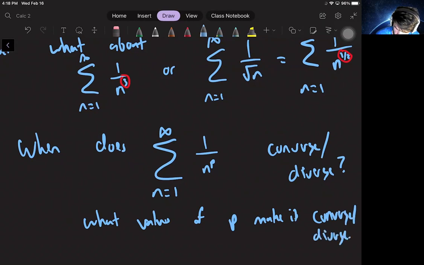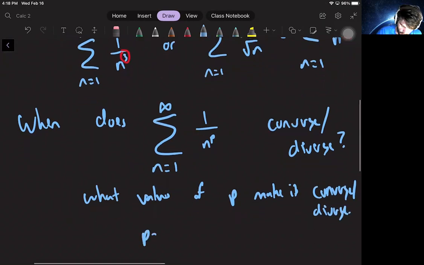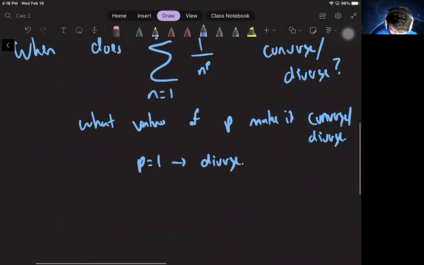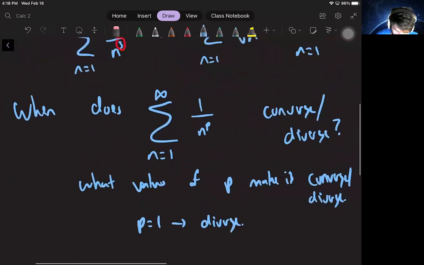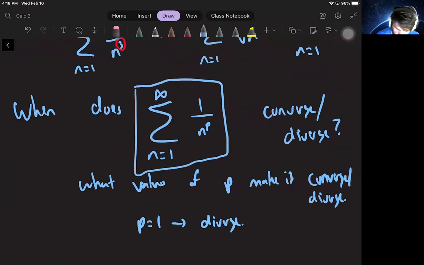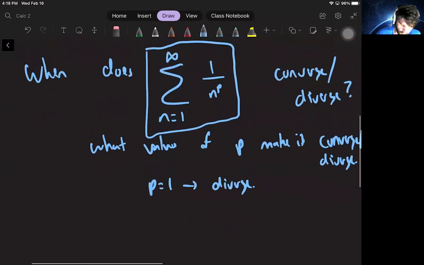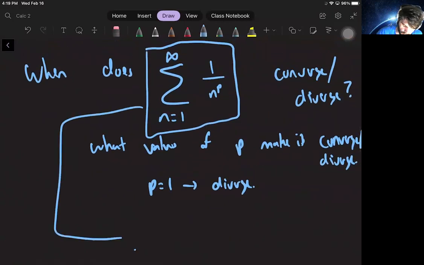And like I just said, we already know the answer for P equals 1. It'll diverge. That's up here. But what about all the other numbers? So let's see if we could solve this question for all of the series of this form at the same time. So this is called a P series.